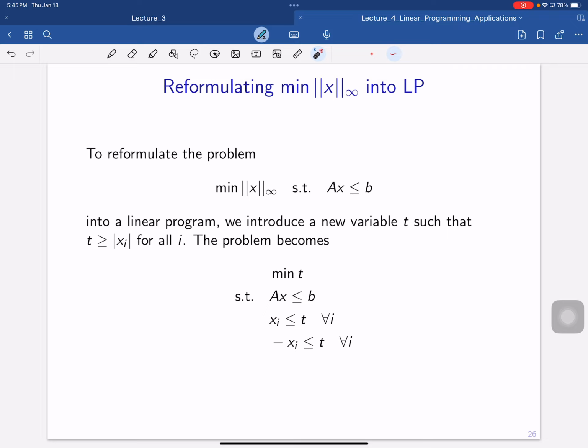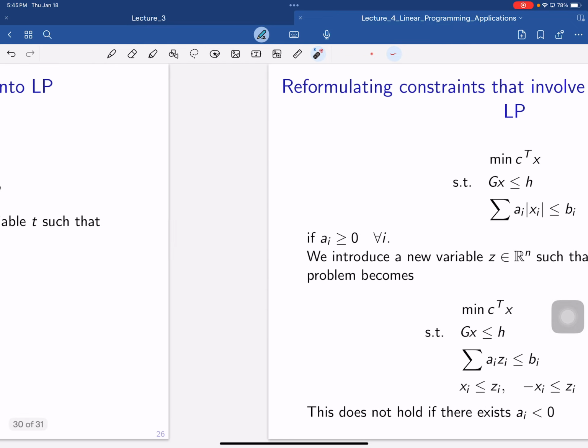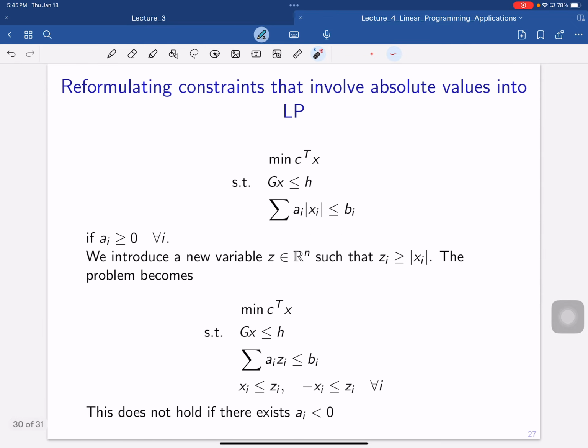Okay, so this is the last slide. There are other cases: if some absolute values are in the constraint, you may also represent it as a linear program. Let's say you have a less than or equal to constraint, where all the a_i are greater than or equal to 0.